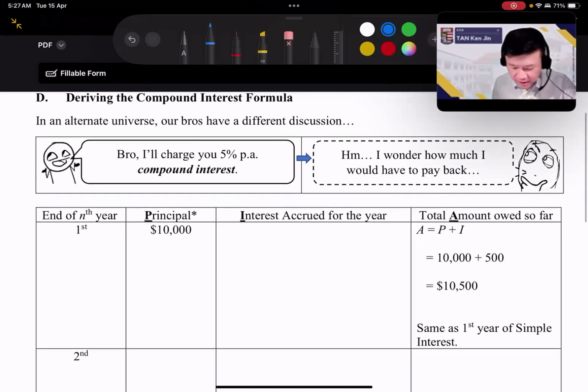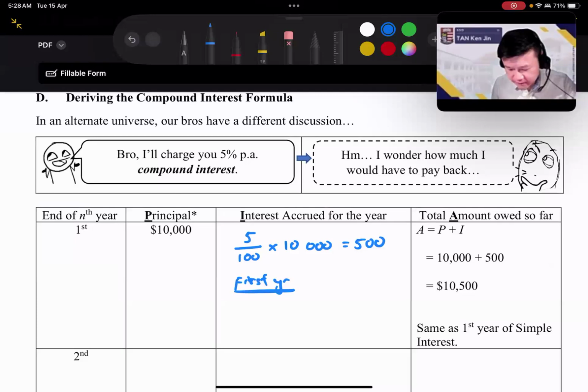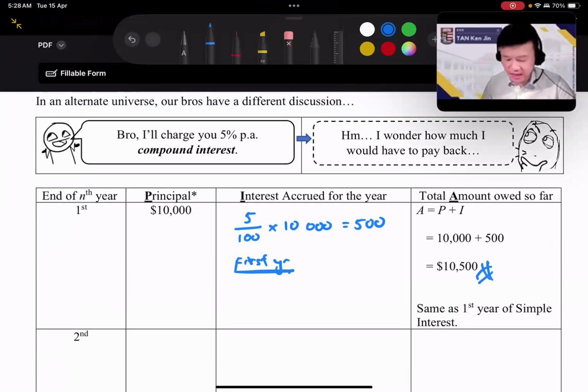So it's 5% of 10,000. It's still $500. So this is for the first year. And so the amount of money owed after the first year is still the same, $10,500, no change.